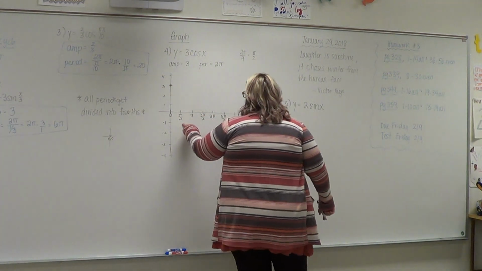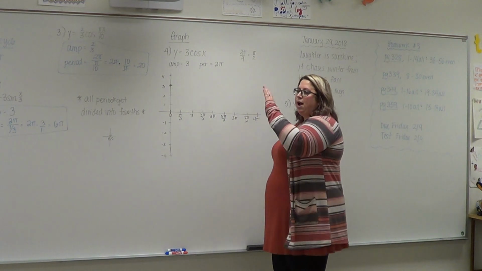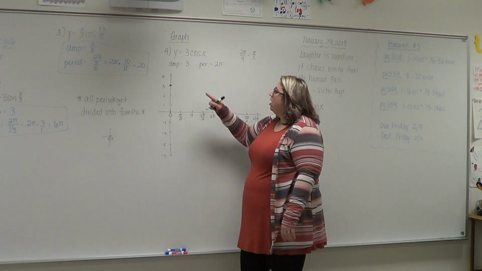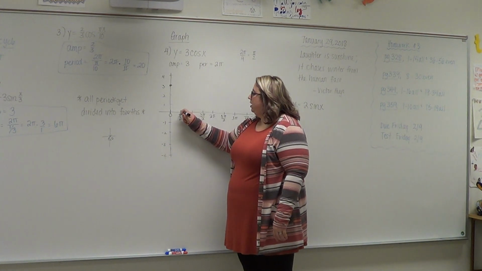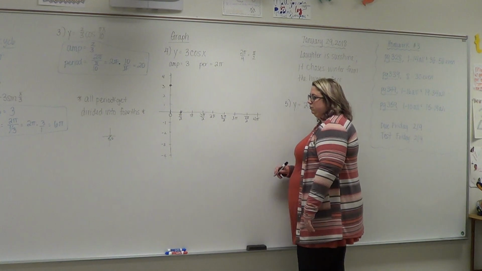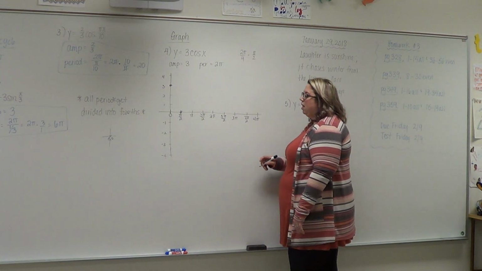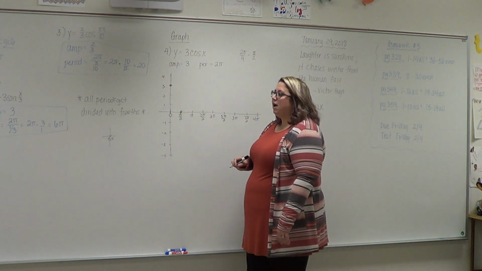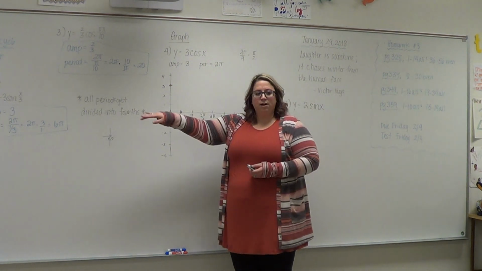Okay, then I go to my next point, pi over 2. Pi over 2 is at the top of the unit circle. So cosine of pi over 2 is 0. 0 times 3 is 0. Then I plug in pi. Cosine of pi is -1. Pi is over here.